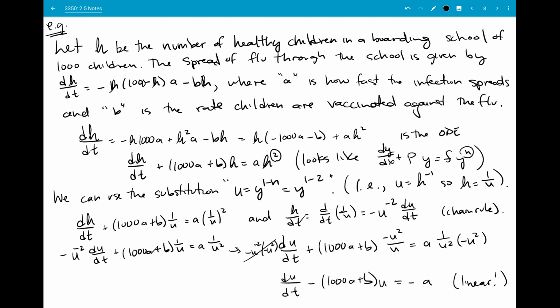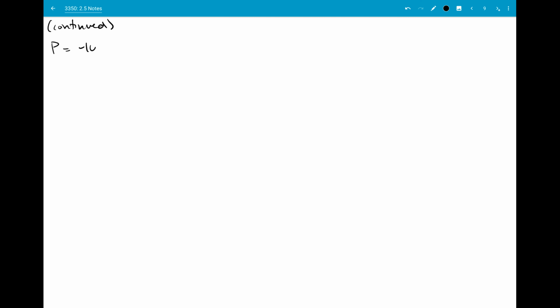And let's see, my P for this is going to be minus (1000a plus b). So my e to the integral of p dt is going to be e to the integral of minus (1000a plus b) with respect to t. So that's just times t.